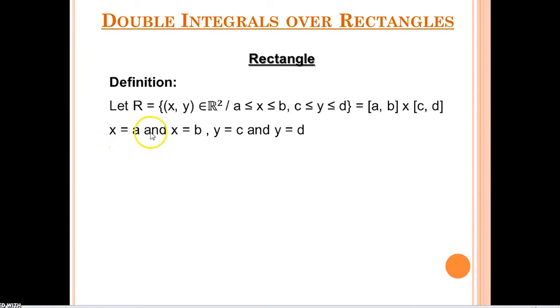Where x = a and x = b, and y = c and y = d. Let's have a look at the diagram for this rectangle.